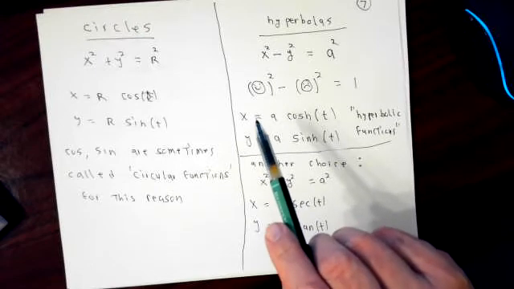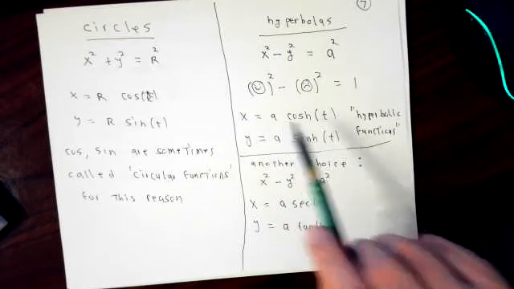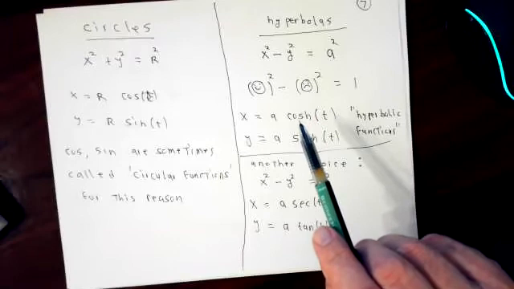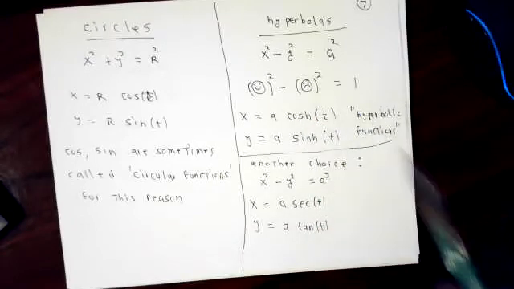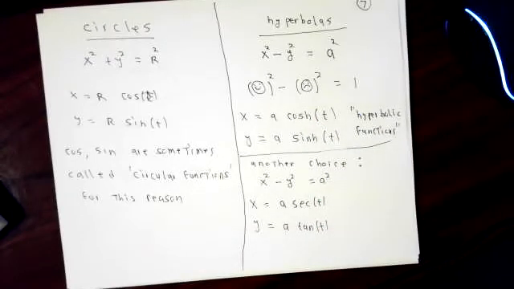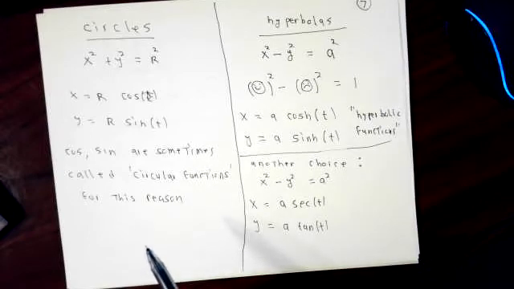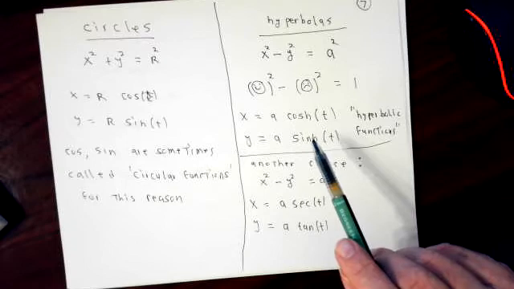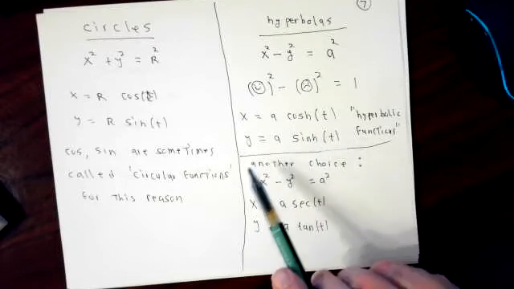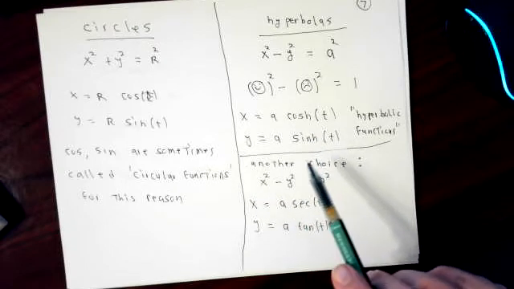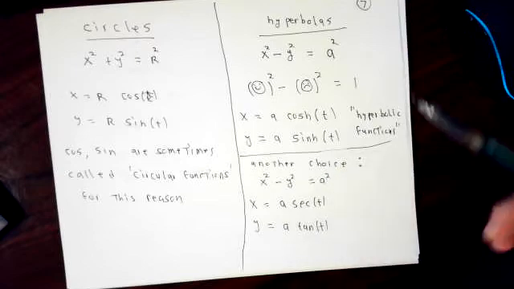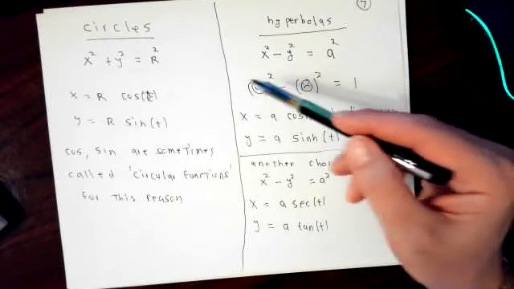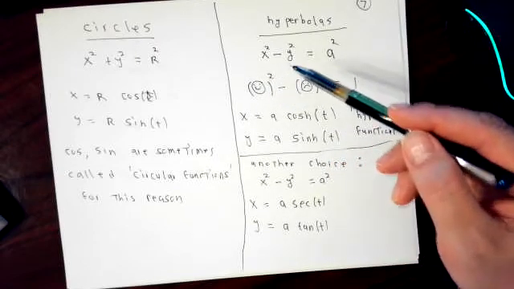Hyperbolic cosine squared of t minus hyperbolic sine squared of t always works out to be 1, so that in the same way that we did for circles, if I let x equal a hyperbolic cosine t and y equal a hyperbolic sine t, that's going to give me the points on this hyperbola.